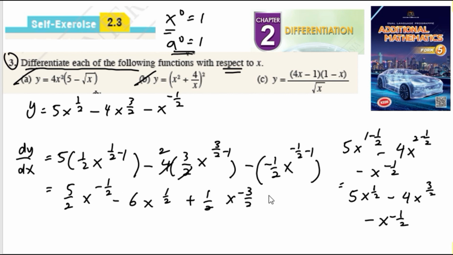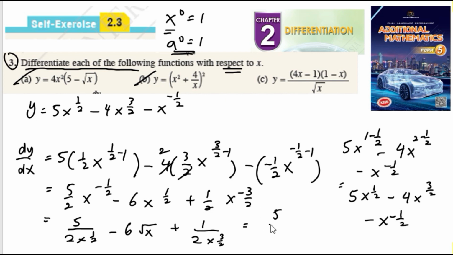So you don't want the power to be negative. So here you will have 5 over 2 x to the half, minus 6 x to the half, but this one is positive, right? But we know that the power of half is equal to the square root of x. Plus this one, the power is negative, so we bring it to the bottom, x to the 3 over 2. We know that when the power is a fraction, the bottom one would be the root.